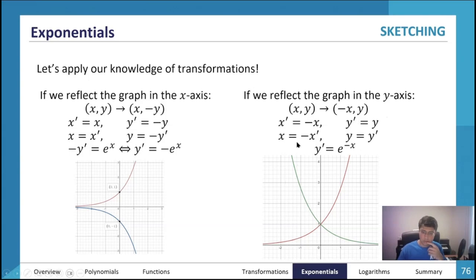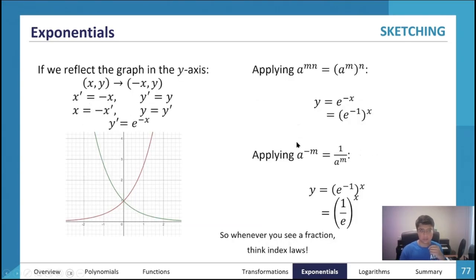Now I just want to explore this scenario a little bit more. So we're reflecting in the y-axis. We get y equals e to the negative x. Let's apply a couple of index laws to it. So we have a to the m times n is equal to a to the m, to the n.